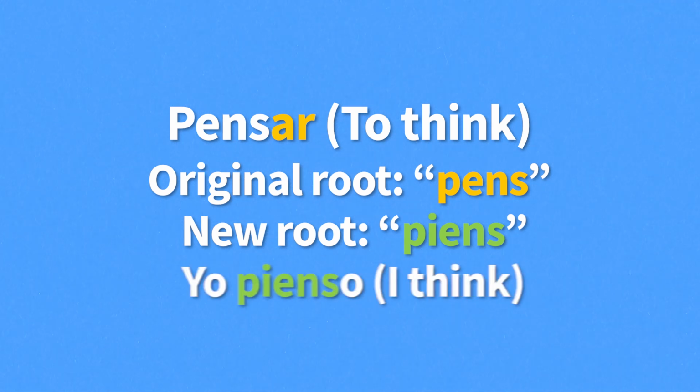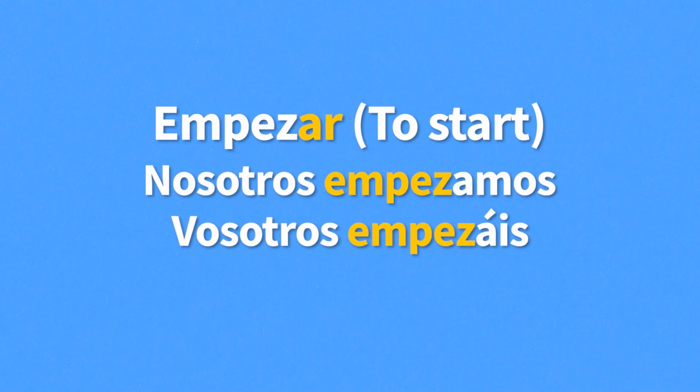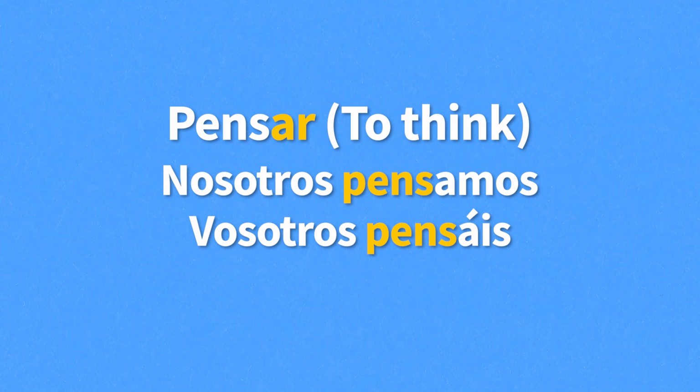So it becomes yo pienso, I think. And of course, the nosotros and vosotros forms retain the original root. So for empezar, it would be nosotros empezamos and vosotros empezáis. And for pensar, it's nosotros pensamos and vosotros pensáis.